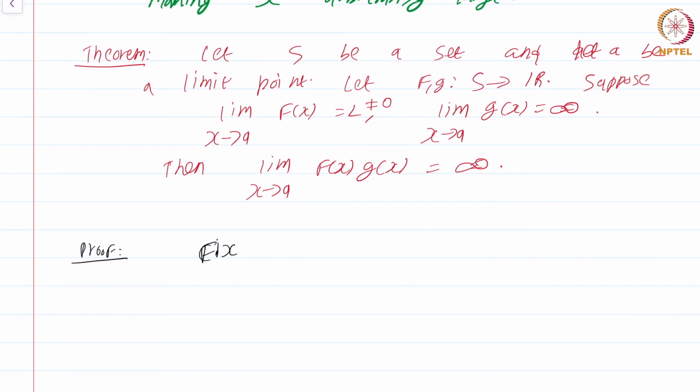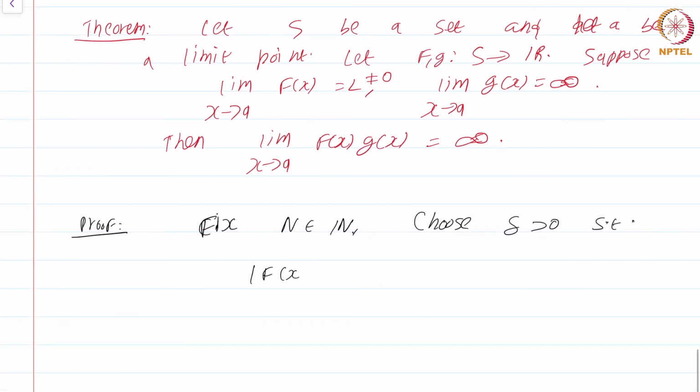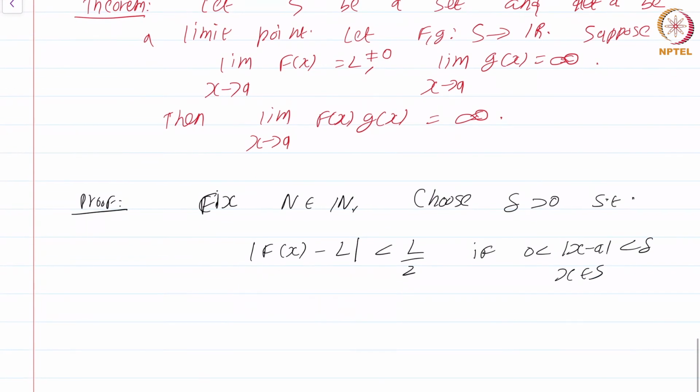So fix n in N. Now choose delta greater than 0 such that, first of all, mod f of x minus L is less than L by 2 if 0 less than mod x minus a less than delta and x is in S. And second, mod g of x is greater than 2n by L under the same condition.